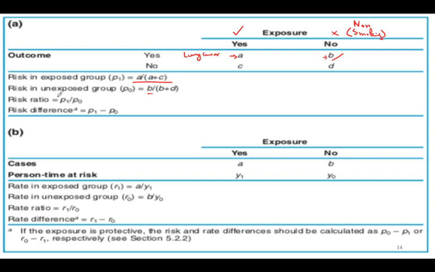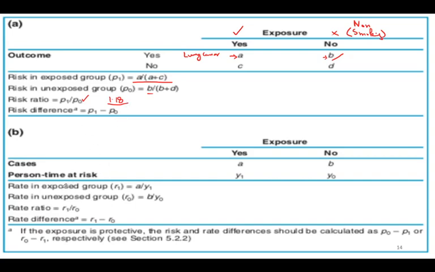This is how we calculate risk in the unexposed group. So the risk ratio is being assessed over here. If the risk ratio is 1.18, you can understand whether there is an association or not. So based on this, you presume whether this is an incidence which we need to report or not.